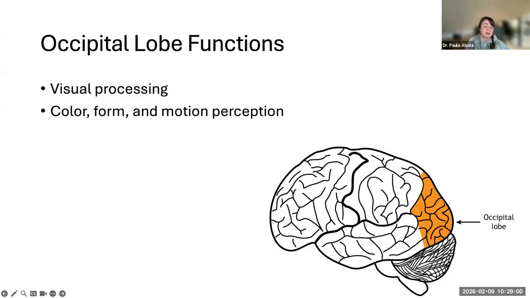It is important to distinguish between problems with the eyes themselves and problems with the brain's interpretation of visual input. So damage to the occipital lobes does not cause blindness in the eyes, meaning that the eyes may still receive visual information normally.